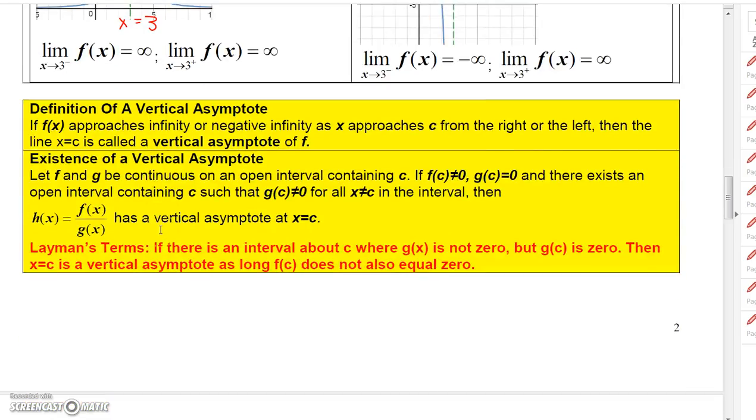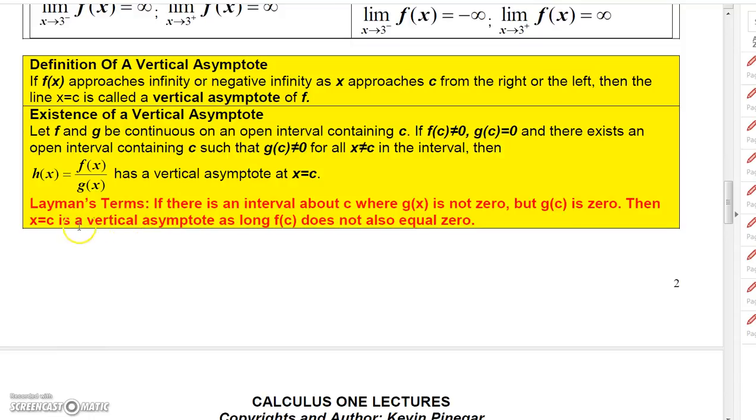Now, it's pretty easy to find a vertical asymptote. Basically, you're going to have vertical asymptotes generally when you have a rational function. And so what you're looking for is any number that makes the denominator 0 but does not also make the numerator 0.